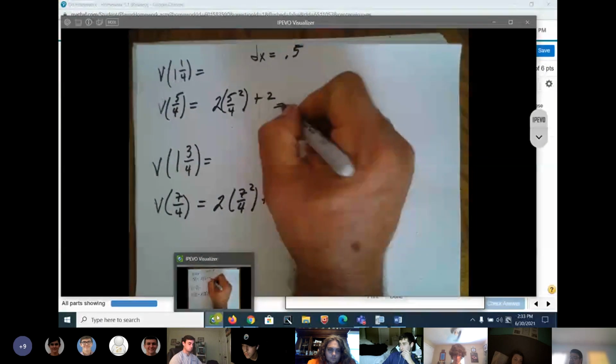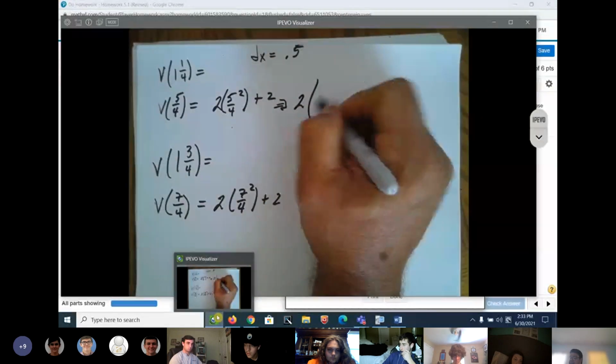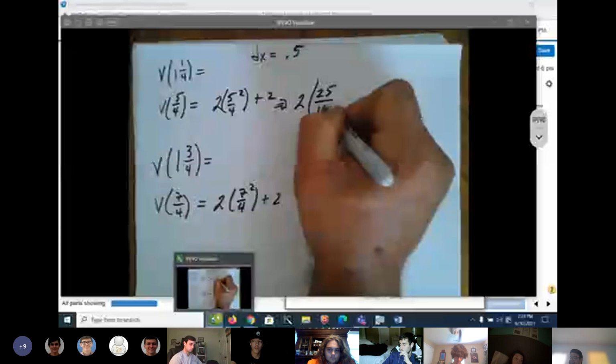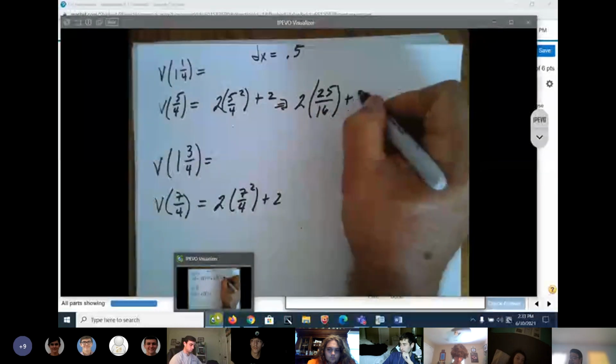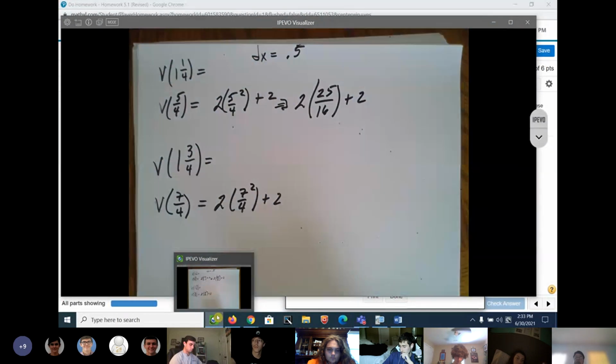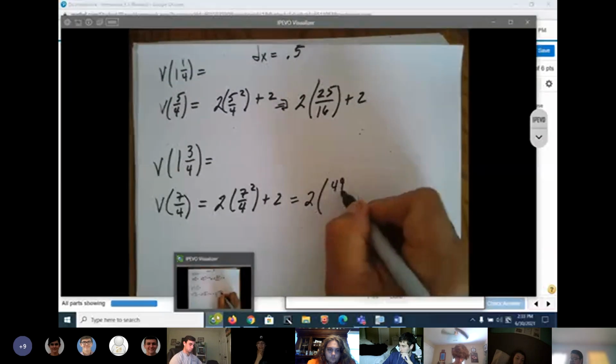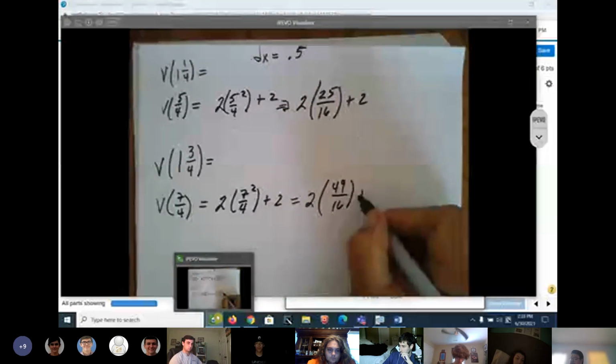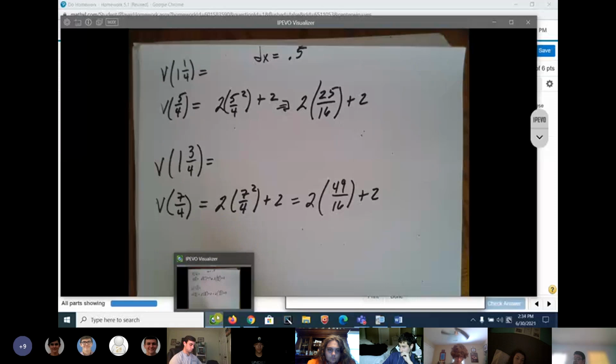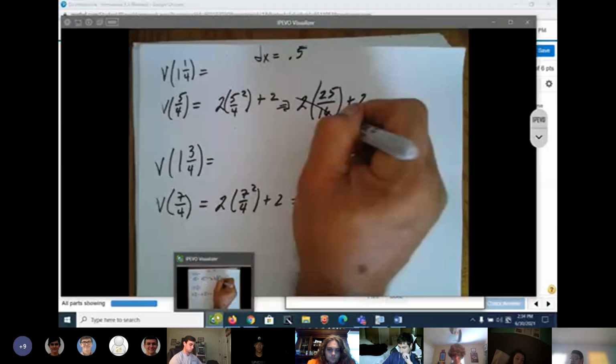So that's equal to 2 times 25/16 plus 2, and this is going to be 2 times 49/16 plus 2. And that's going to cancel and leave an 8, and this is going to turn into 16/8.